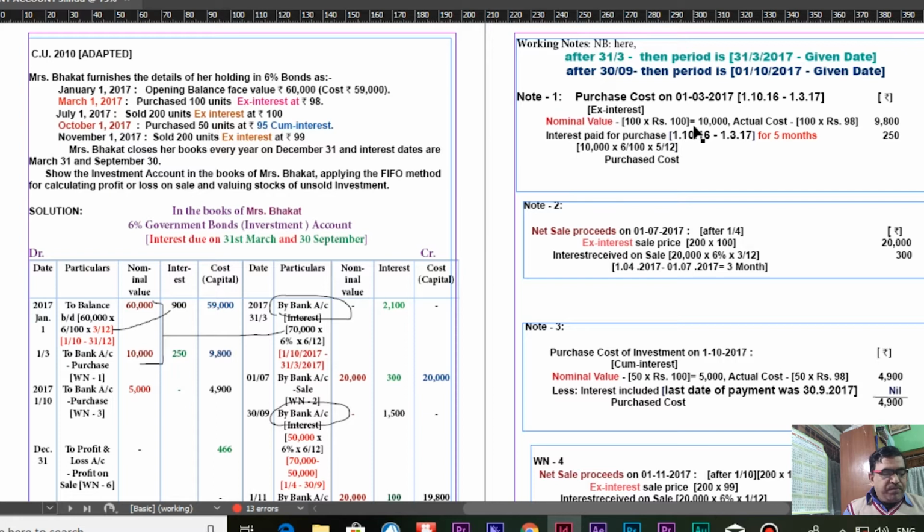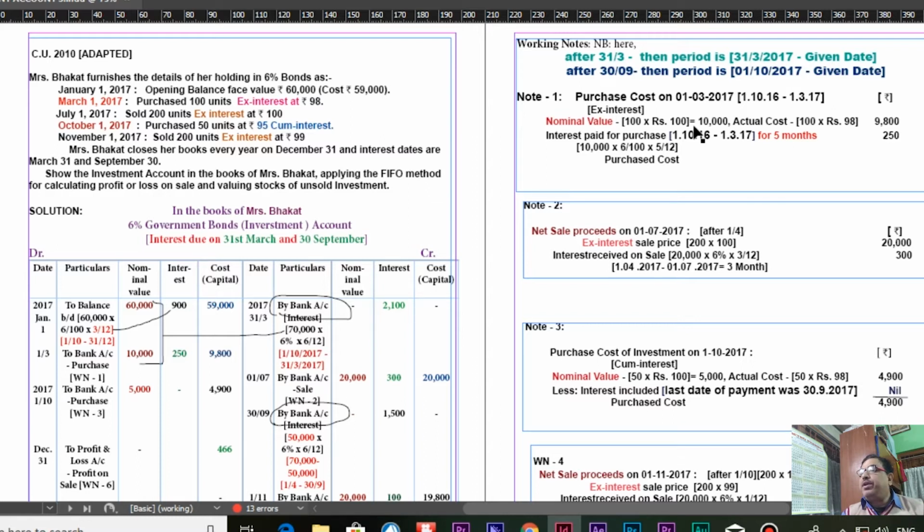The amount of nominal value of bond is absent here. Therefore, I assumed the nominal value of bond as rupees 100 per unit.